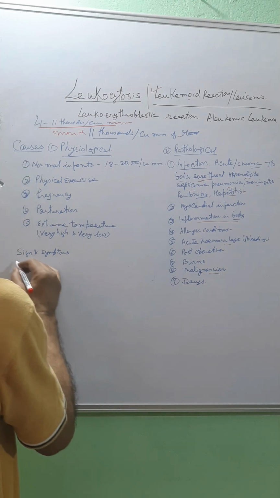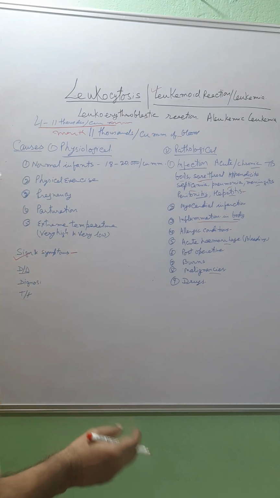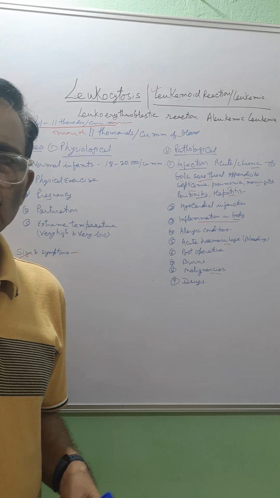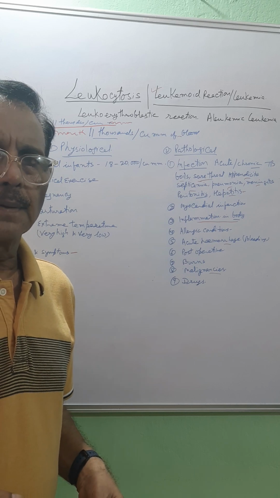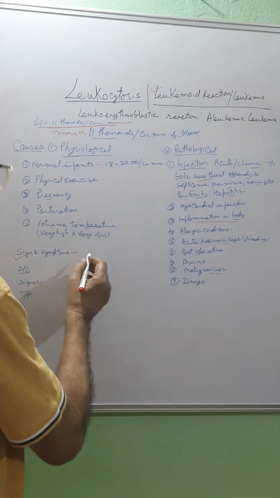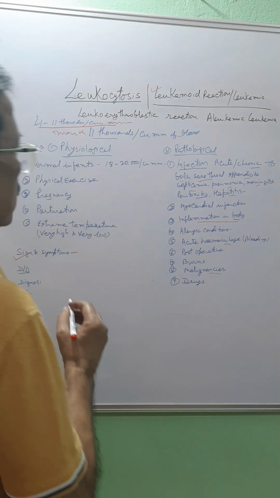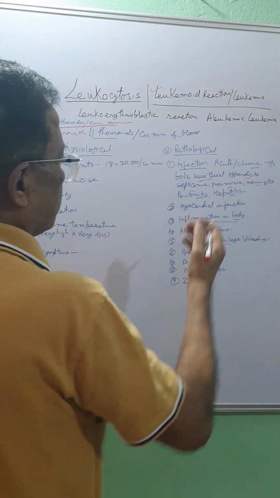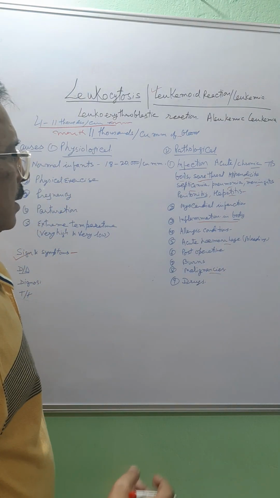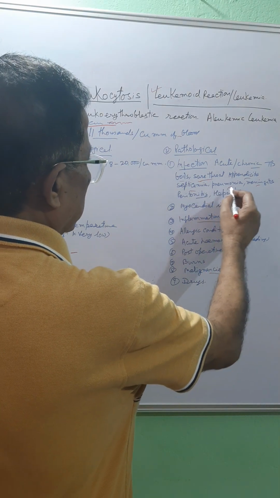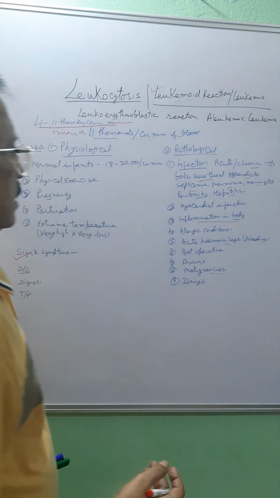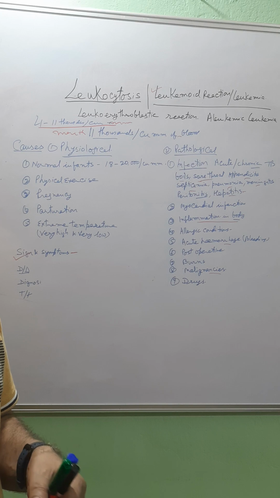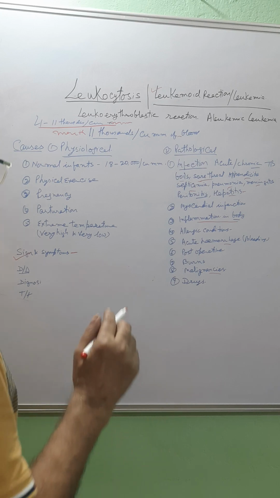Now, signs and symptoms. Signs and symptoms depend upon the underlying condition. Leukocytosis is not a disease, it is a manifestation, and signs and symptoms depend upon the etiological cause. For example, in boil, sore throat, etc., there may be fever, in appendicitis, pain in the right iliac fossa, and in septicemia, pneumonia, meningitis, the symptoms or signs depend upon the underlying disease.